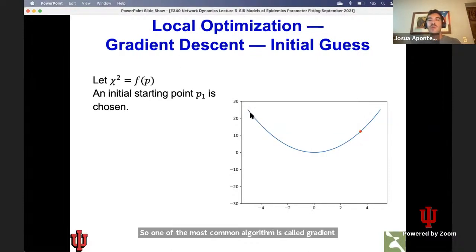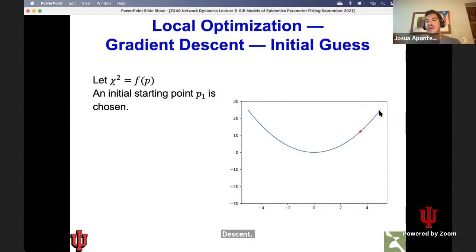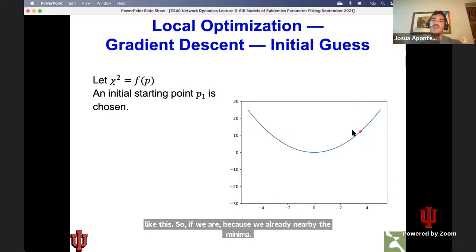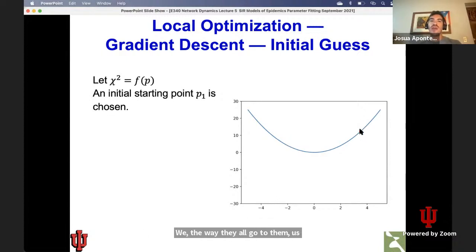And let's assume that we have a one-dimensional parameter space, right? So the parameter space looks just like this. Because we are already nearby the minima, the way the algorithm works is that you choose a starting initial point along this curve.